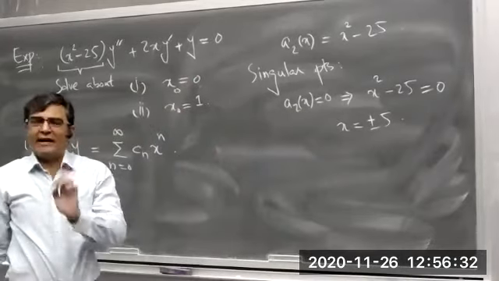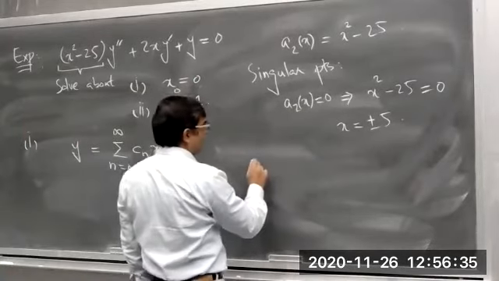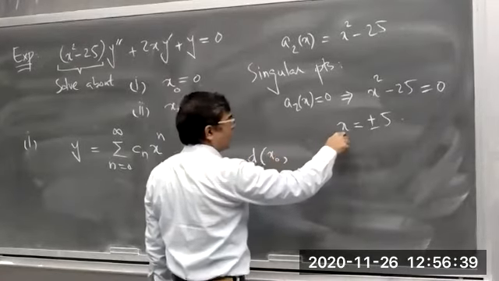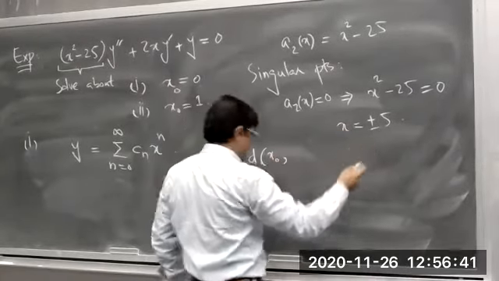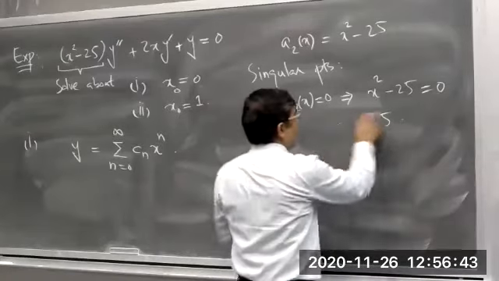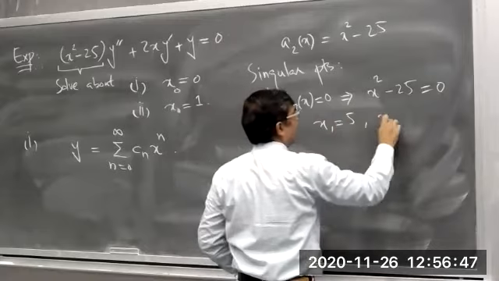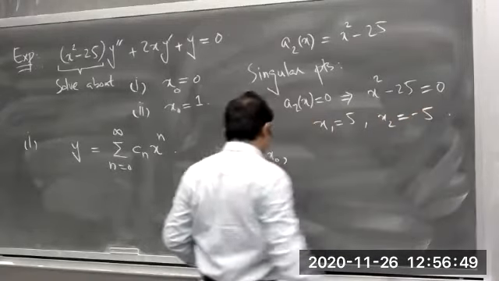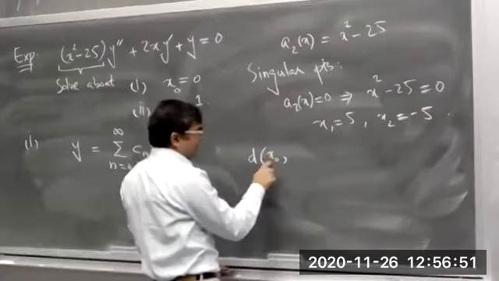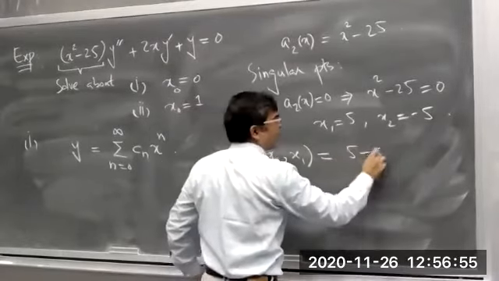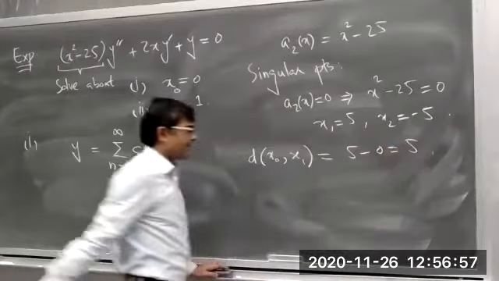That will be the radius of convergence. So the distance of x naught from x1, which is 5, and x2, which is -5. The distance from x naught to x1 is 5 minus 0 obviously, and it is 5.